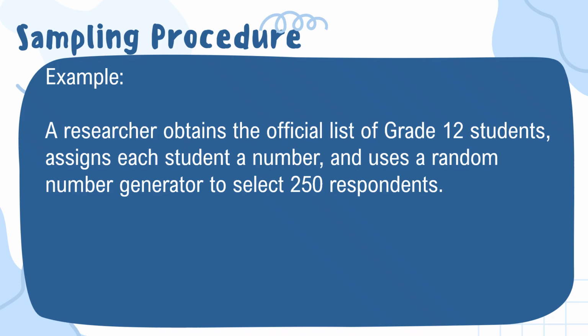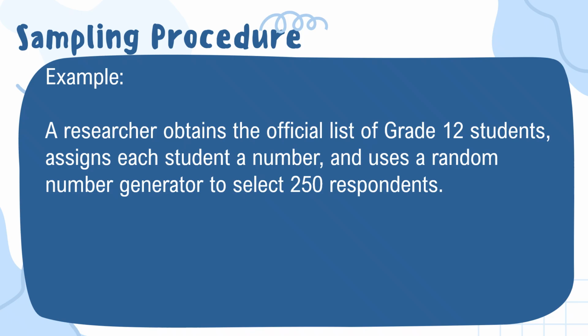Because we need a way to identify each individual during random selection. Step 3, we use a random number generator. Then step 4, we select 250 respondents. So when you write your methodology, don't simply say we selected 250 students. Explain how those 250 were selected.